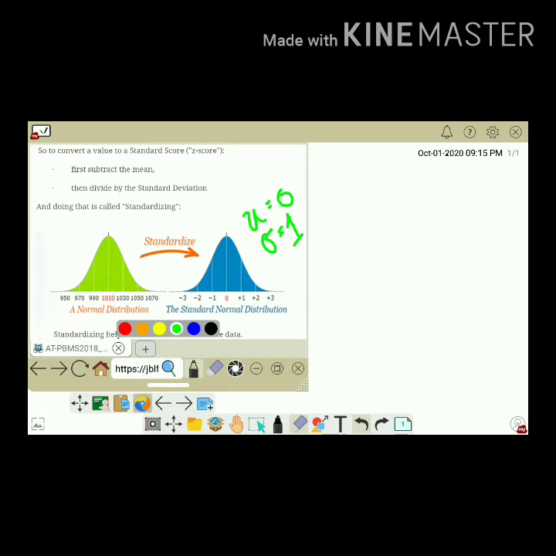No other values for these two. Next, for your normal distribution, your mean here would always change depending on your data, while your standard deviation also depends on your data.